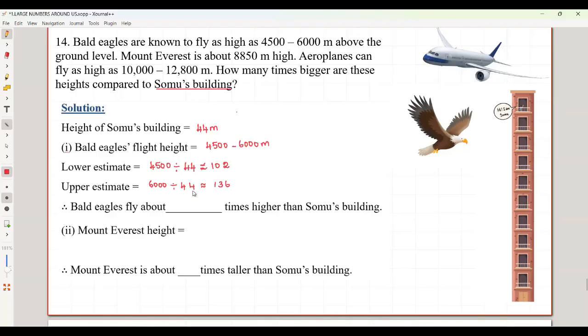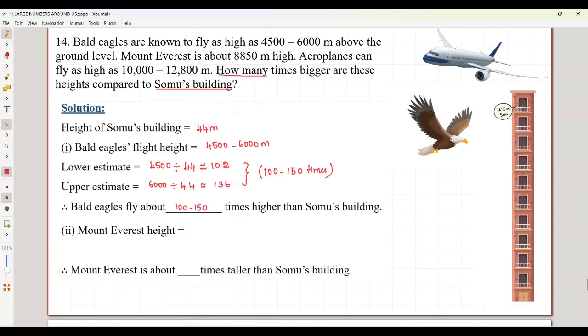So from this I am taking approximately 100 to 150 times, rounded off. Therefore, the bald eagle flies about 100 to 150 times higher than Somu's building.